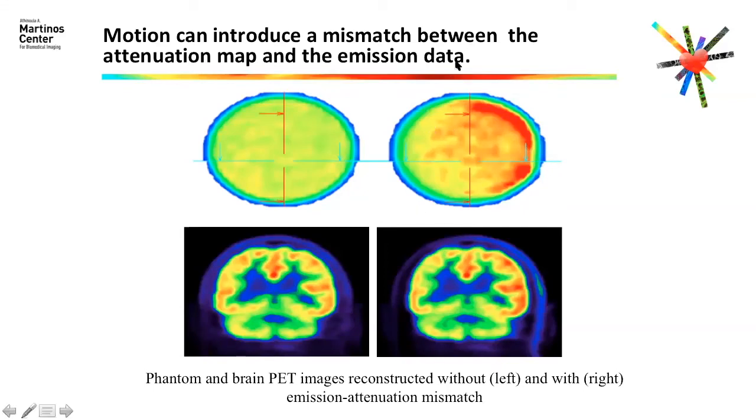And this is basically a phantom mimicking exactly the same effect. If we move the phantom to one side, simulating motion, we have exactly the same effect. So this is something that can mimic a clinical outcome, and if we don't realize and don't correct for that, it can really impact the patient.